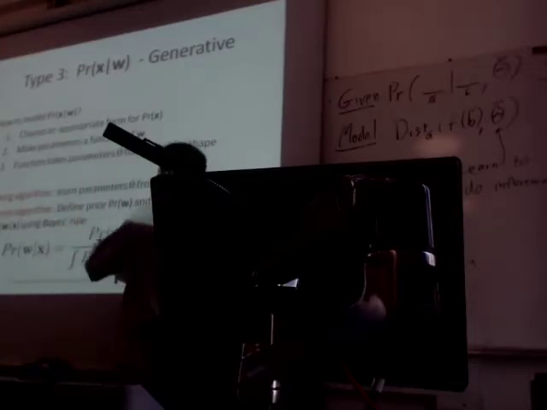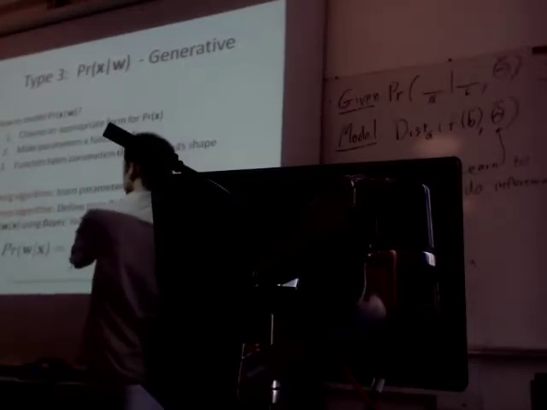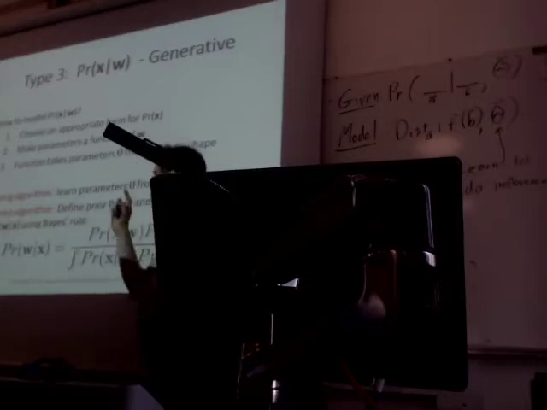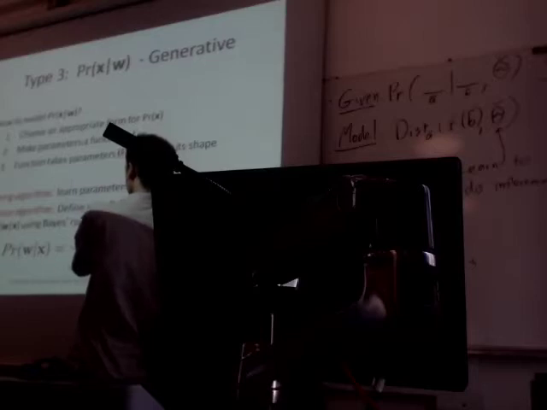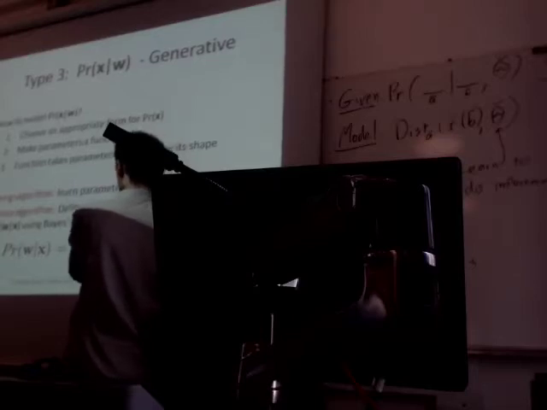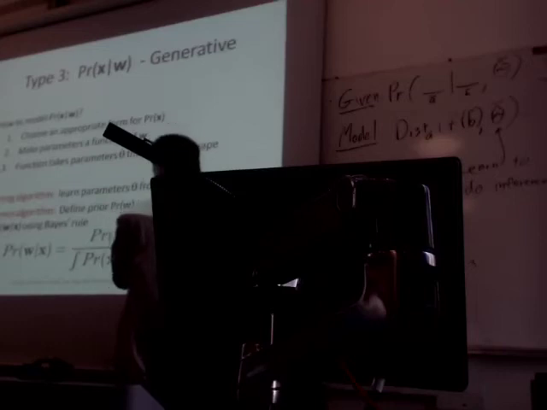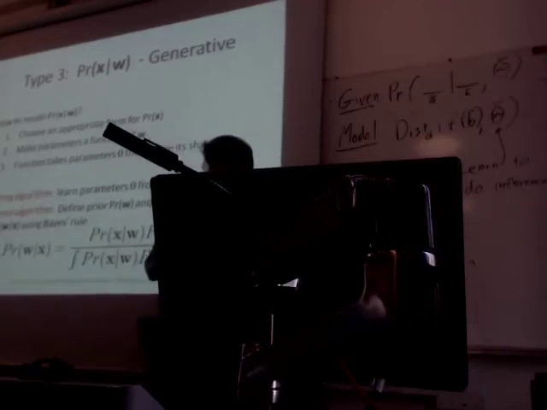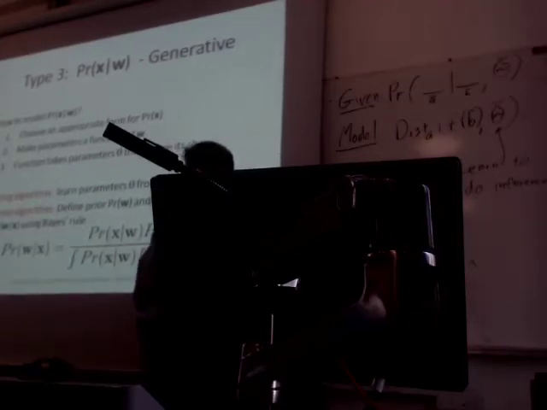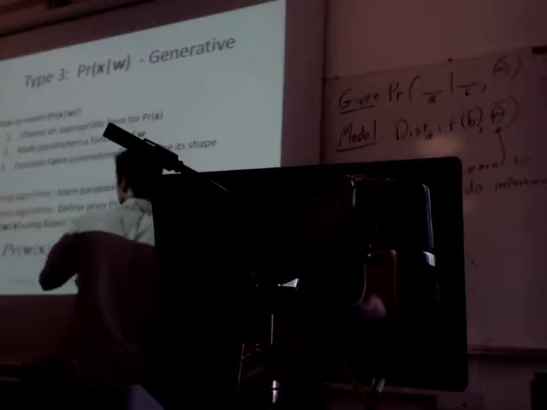I come along and someone says, well, that's fine, but that's not enough. I want probability of w given x. And you say, Bayes' rule to the rescue again. I know that if I multiply this by the prior on w, times probability of w, that equals the probability of w given x times probability of x.